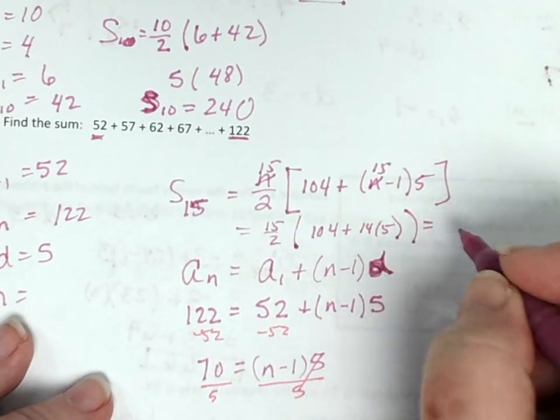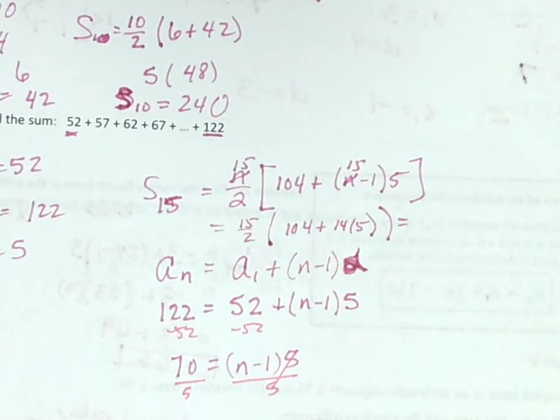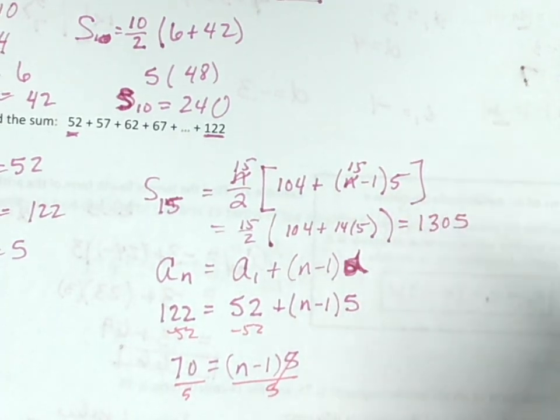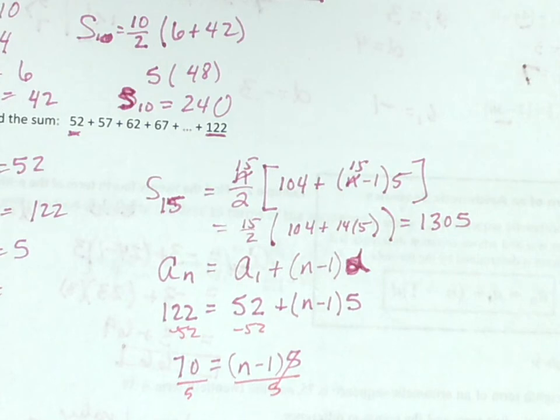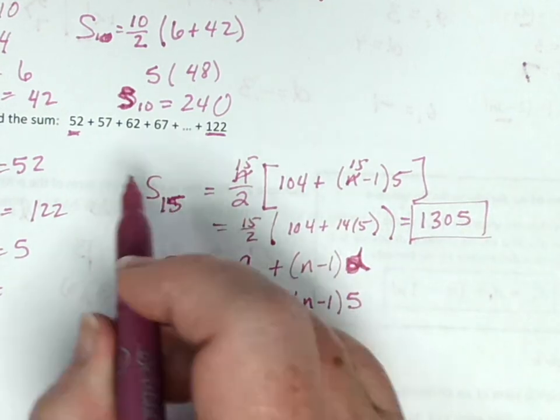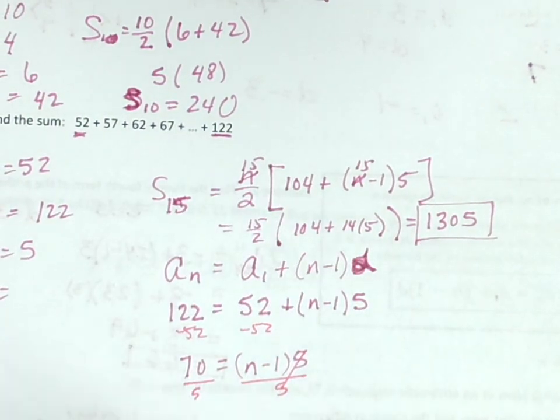Put that in your calculator, and you will get 1,305. 1,305 is the sum of the first 15 terms, and that's how many terms there are. That's section 12.1. The homework looks just like it. Good luck.